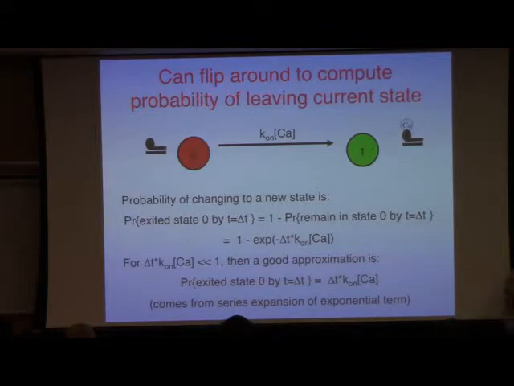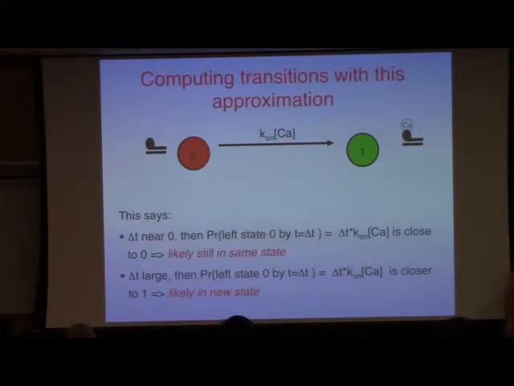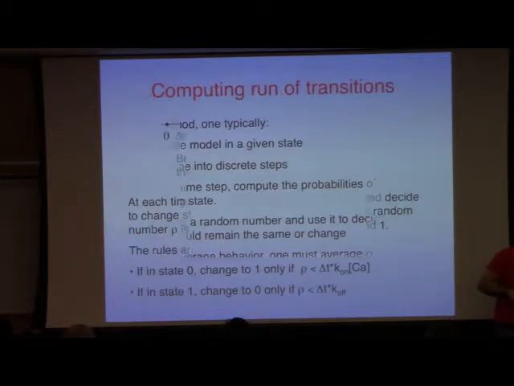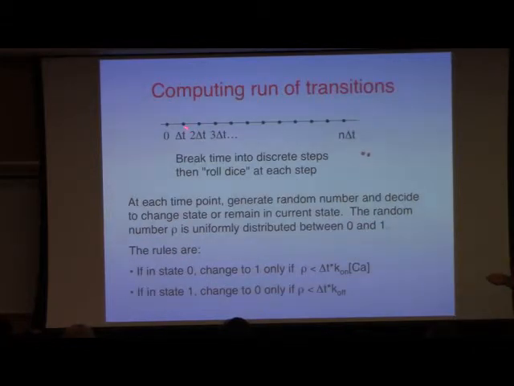If you're interested enough to read it, you can read some of the details, but that gives you the essence of it. You build a bunch of instantiations of, say, a channel opening and closing, in this case calcium binding to regulatory proteins, or a regulatory protein shifting, or cross bridges binding. Then you split time into discrete steps, say a delta t, and at every delta t, you decide whether you stay in the same state or switch out of that state.